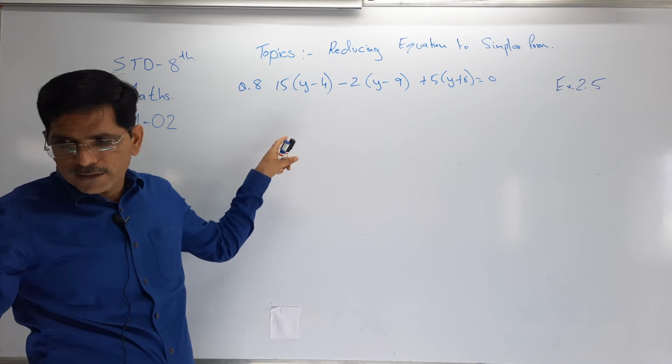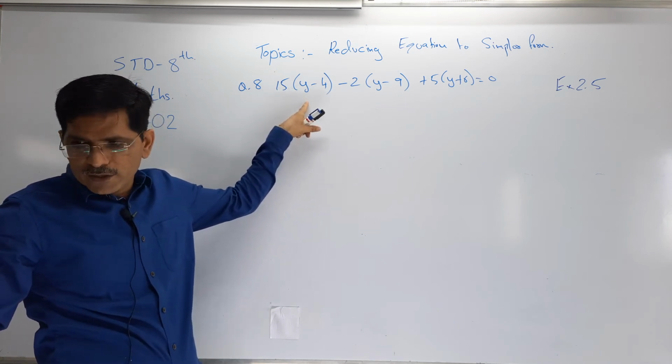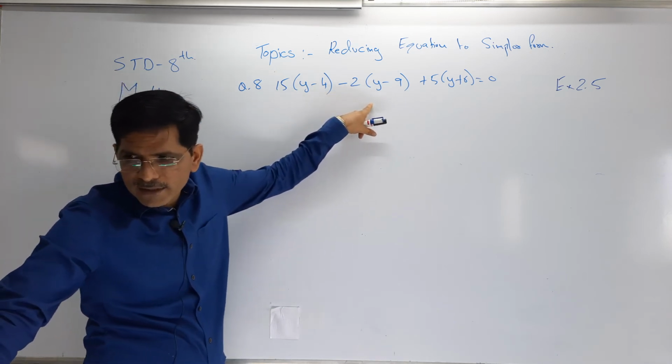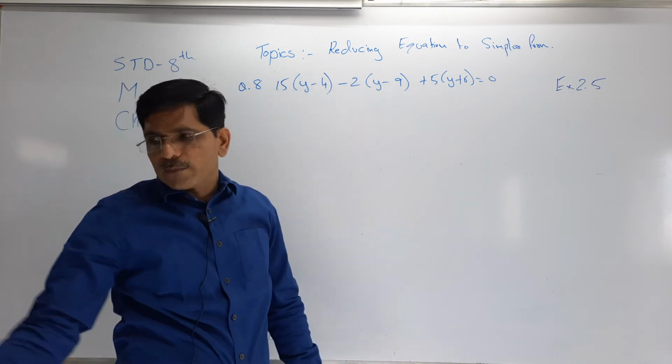Again I dictate: 15 bracket y minus 4, minus 2 bracket y minus 9, plus 5 bracket y plus 6 is equal to 0.